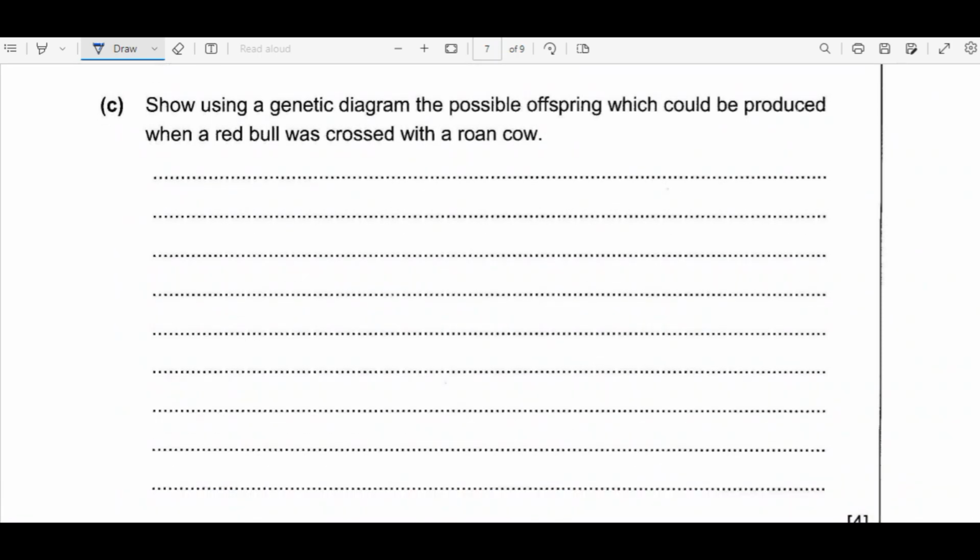Then question C: show using a genetic diagram the possible offspring which could be produced when a red bull was crossed with a roan cow. So we have a red bull and a roan cow.